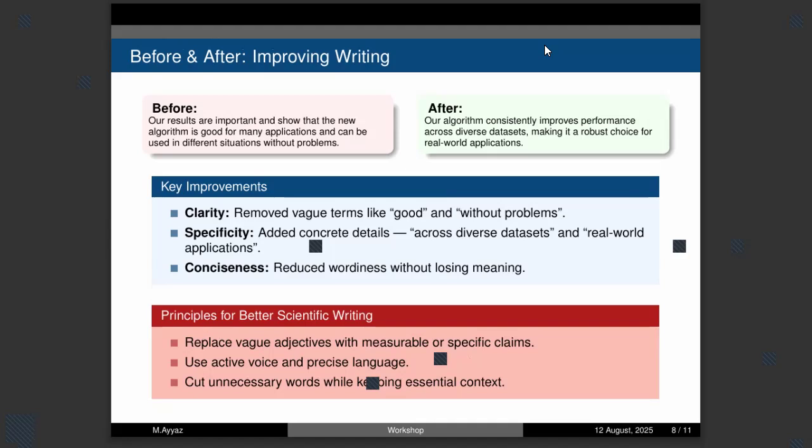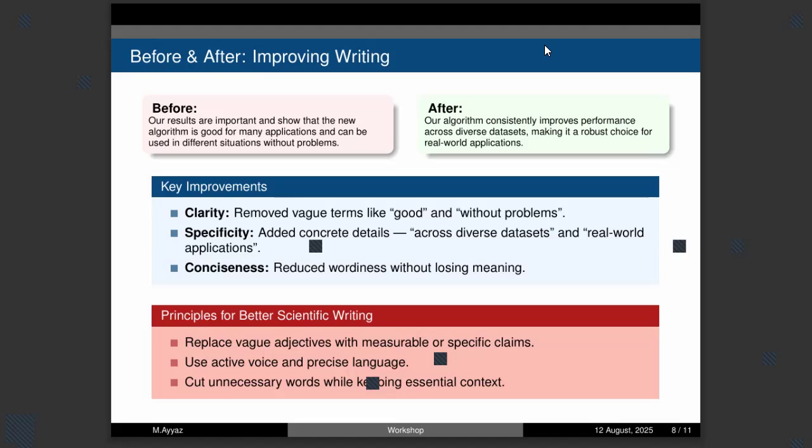It seems a good sentence, but there are still some mistakes, like the vague word "good." We do not know how good it is. And the phrase "without problems" does not identify which kind of problems.